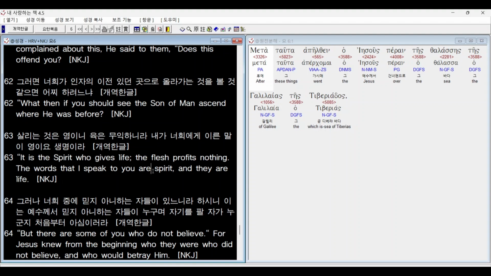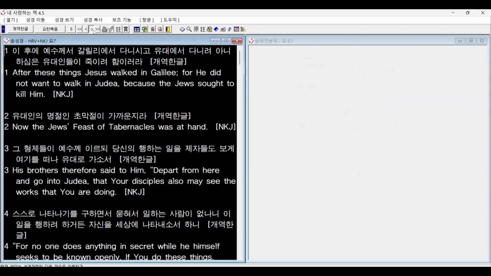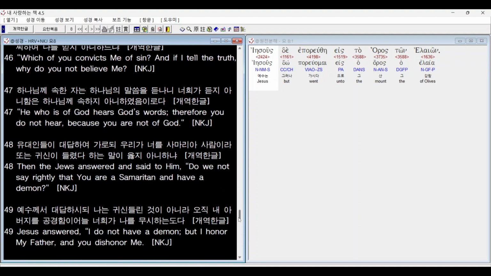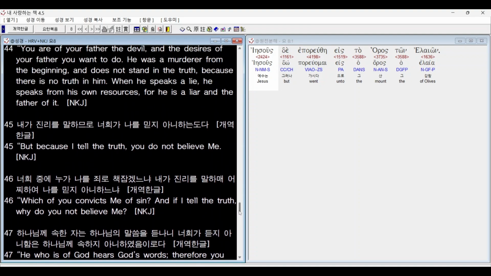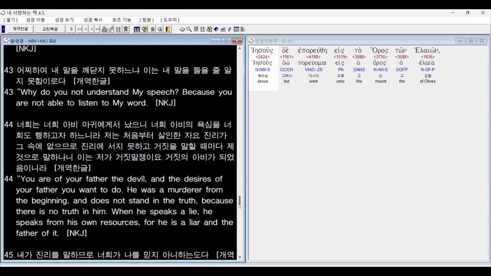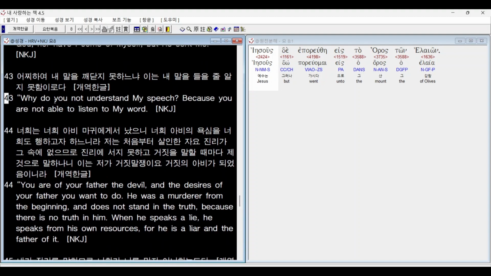So he's trying to give that Spirit of God, he's trying to give the life of God by speaking these words. But in chapter 8, verse 43, why do you not understand my speech?